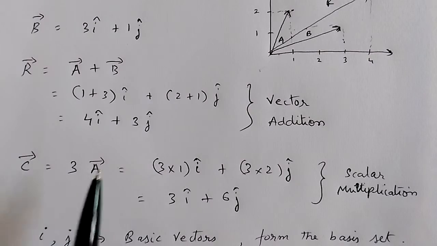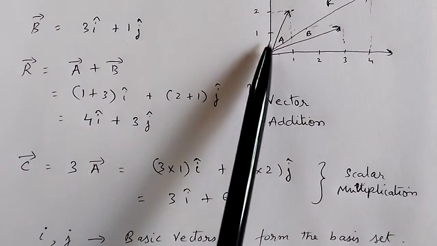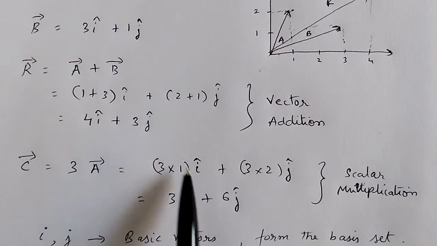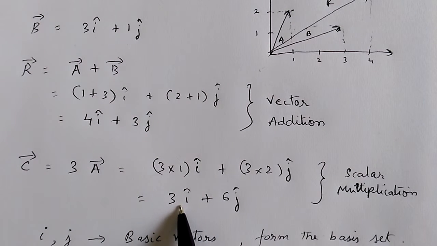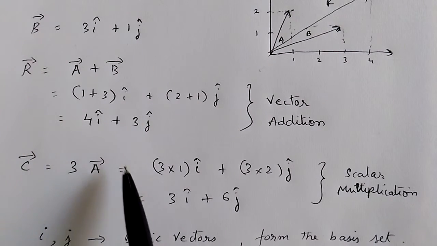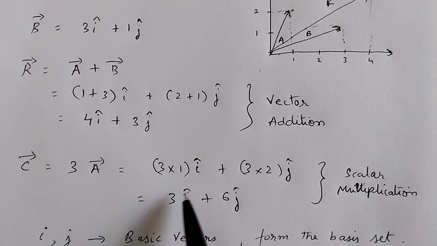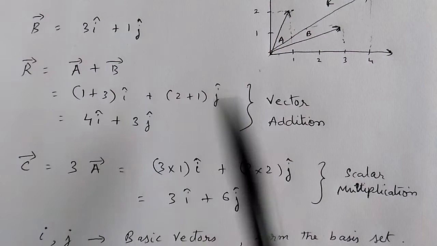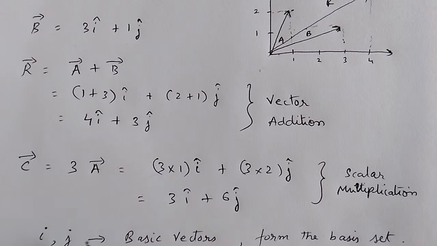Also notice that each of these vectors a, b, r, or any other vector c can be represented as combinations of i and j. This has 3 times i plus 6 times j. This has 4 times i plus 3 times j. So actually, these i and j are vectors themselves. They are more basic vectors, and any given vector can be represented in terms of i and j. Since they are basic vectors, they have another name: they are called basis vectors.